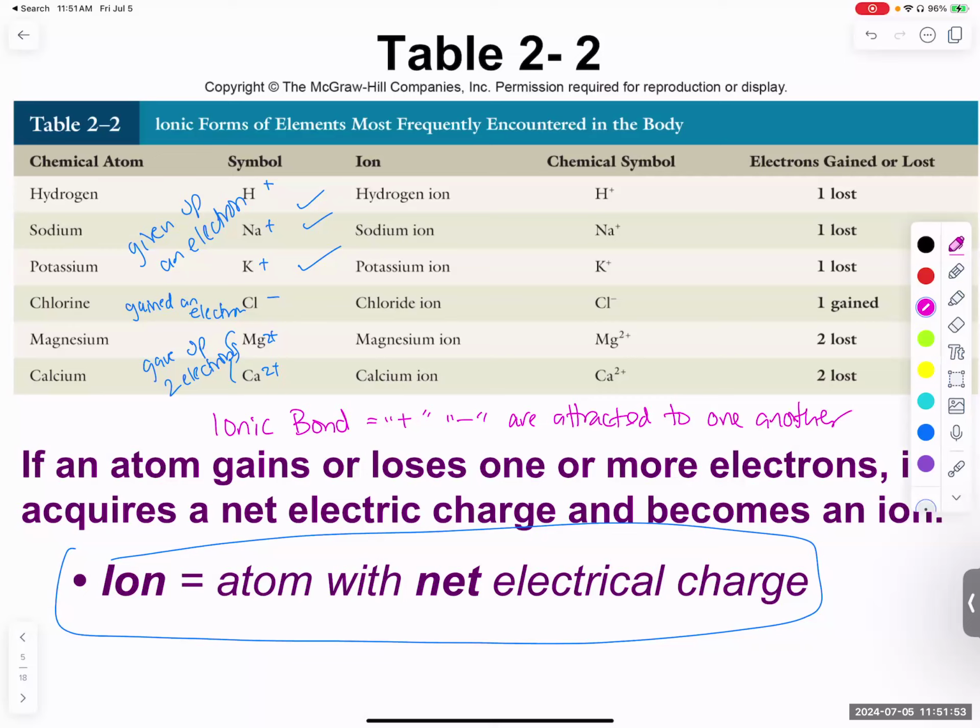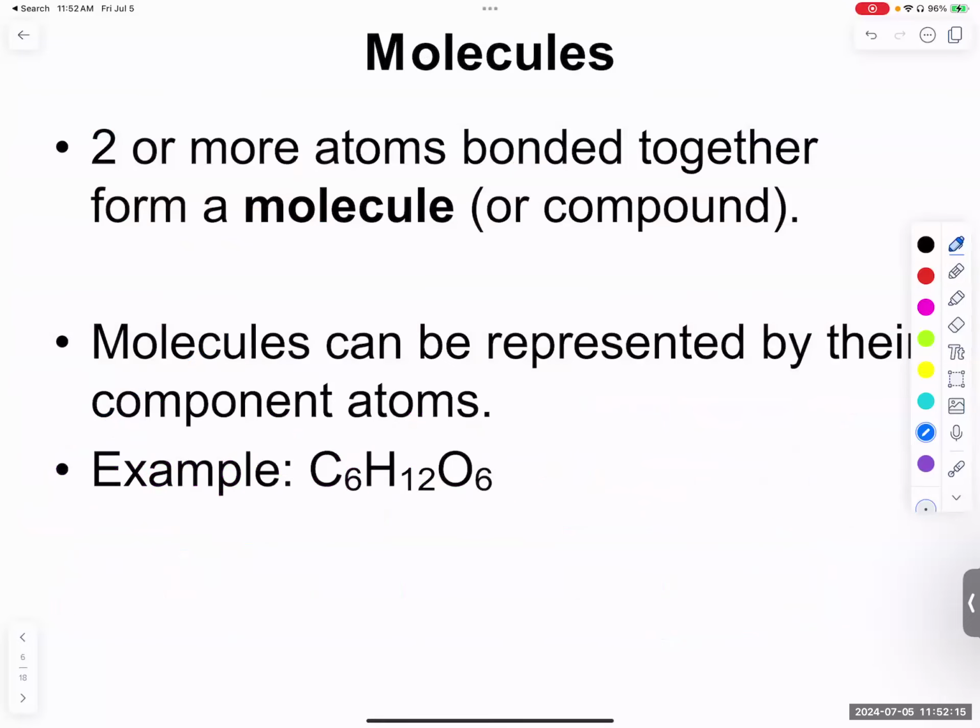And so you've seen this, right, with sodium chloride. Sodium is a cation, chloride is an anion, and these two things form an attraction, so keep sodium next to chloride. And this is what we would call a polar molecule. It's an ionic bond. Okay, so when you have two or more atoms bonded together, it's a molecule.